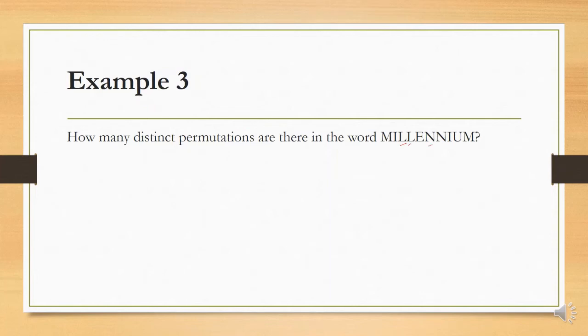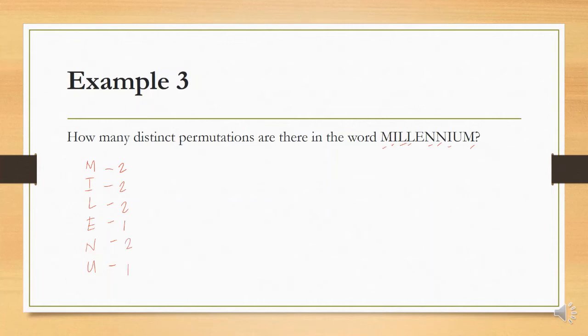So, merong 2 N, 2 L, 2 I, and 2 M. So, kapag gano'n na nagulit-ulit, what we want is to write down ilan yung M, ilan yung I, ilan yung L, E, N, and U. So, ayan siya. And then, we write down ilan. So, 2 dito, 2 I, 2 L, 1 E, 2 N, at 1 U.